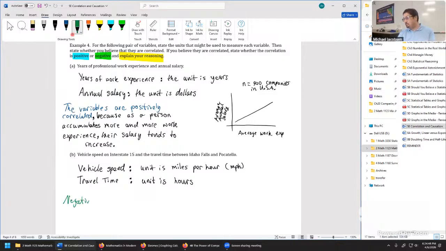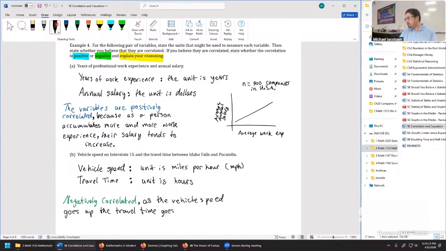Negatively correlated: as the vehicle speed goes up, the travel time goes down.